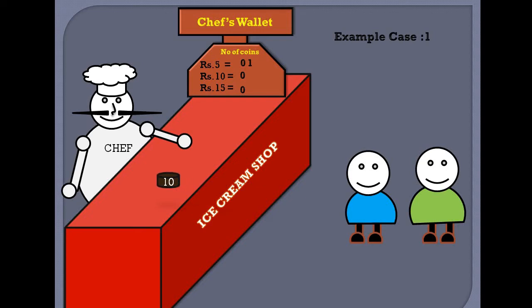For this, the chef would look into his wallet and find whether he has one or more 5 rupees coins to return the change. And as we can see, the chef would find in his wallet that there is one 5 rupee coin and he can easily return the change. So he returned the change, incremented the number of 10 rupee coins in his wallet and gave the second person the ice cream.